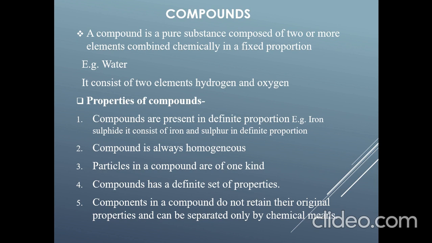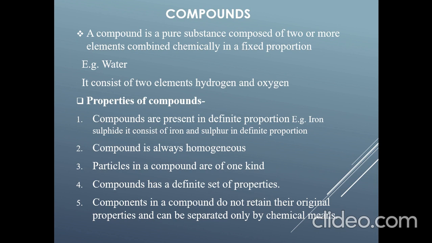Hence, iron in iron sulfide cannot be attracted by a magnet and does not give hydrogen gas with dilute acid. And sulfur present in iron sulfide is insoluble in carbon disulfide. So they can be separated only by chemical means. So these are the properties of compounds.